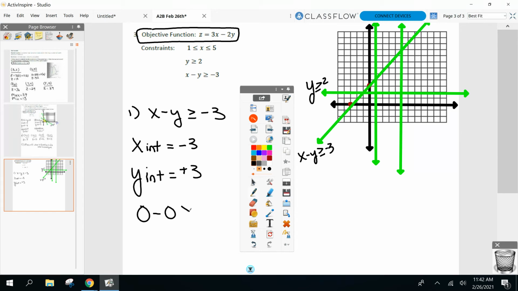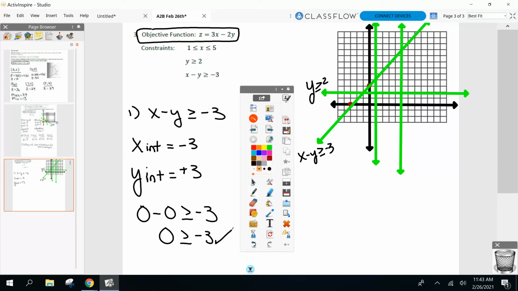0 minus 0, is that greater than or equal to negative 3? I believe so. 0 is greater than negative 3. All right, guys, 0, 0 worked.